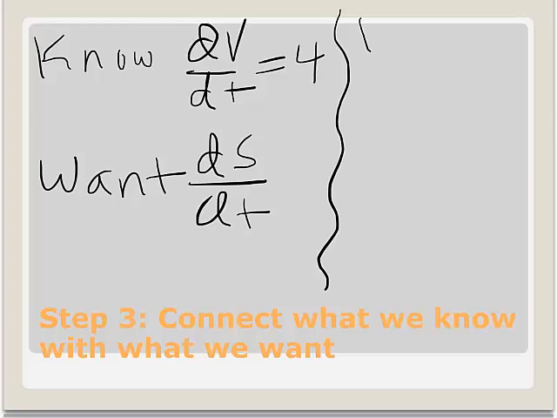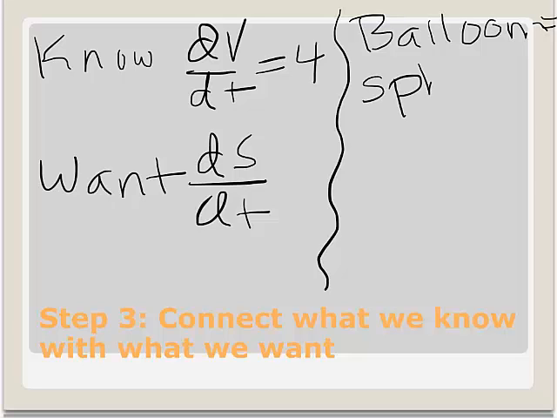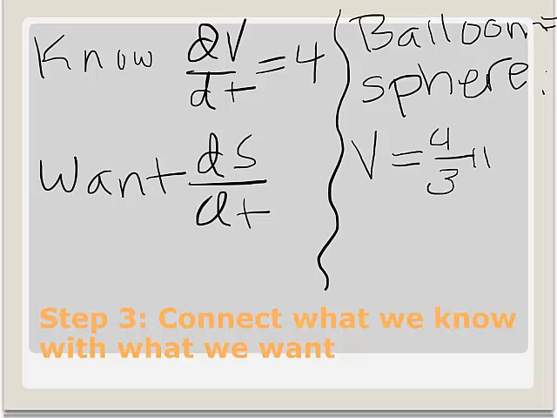And you could think of this balloon as being in the shape of a sphere. And then what I can use is the formula for the volume of a sphere. Formula for the volume of a sphere is 4/3 pi r cubed.